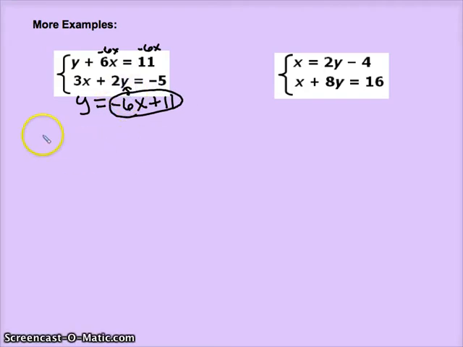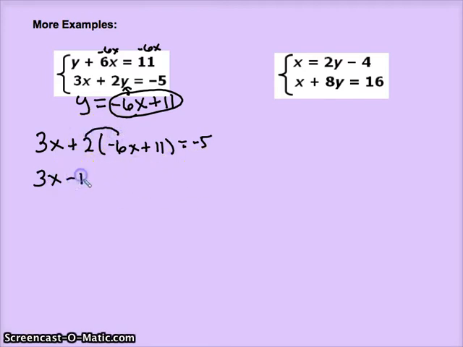Now, things are going to get fun. 3x plus 2 times negative 6x plus 11 equals negative 5. Okay, now we're going to have to use our distributive property and multiply 2 times negative 6x, that's negative 12x, and then 2 times 11, and that's 22.